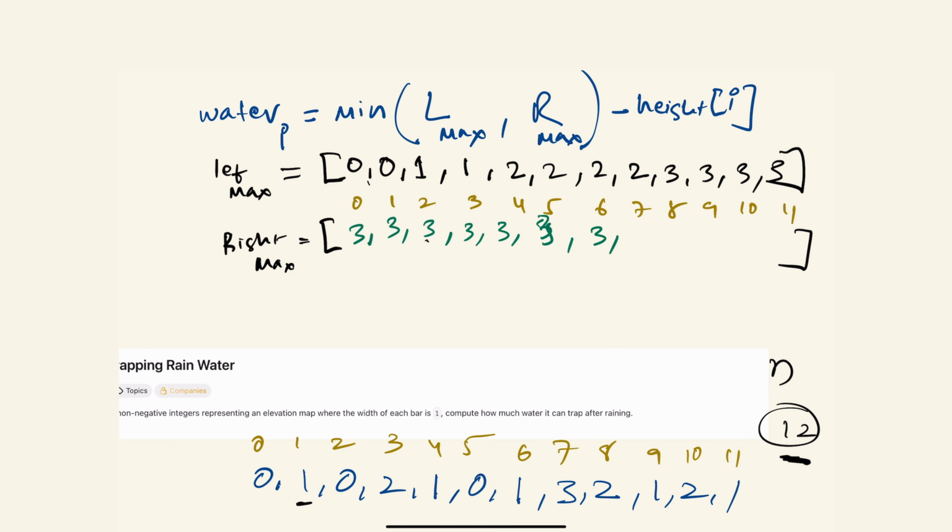Now seventh index, what is the max height? Right now I am here, what is the max height? It is now 2. Eighth index, it is 2. Ninth index is still 2, but the 10th index, now the max height at this position on the right side is 1.